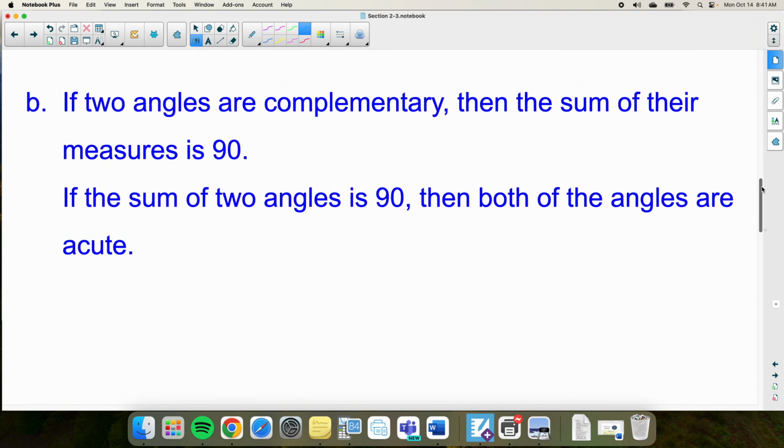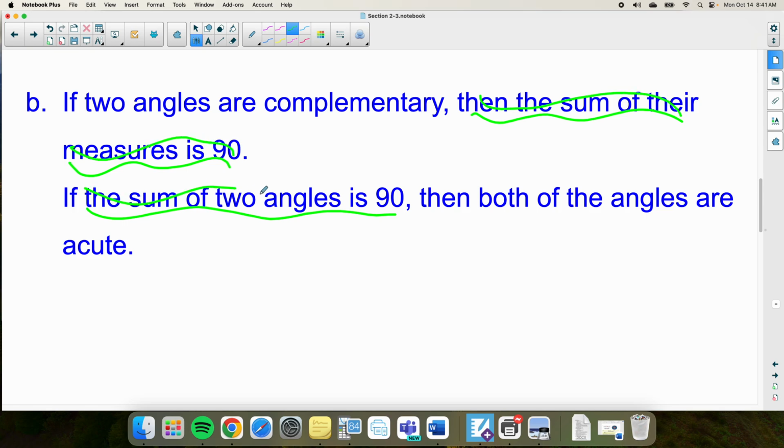Okay, this is an if-then form, this is an if-then form. What does that tell us to look for? Syllogism, right? And with syllogism, the ending of this and the beginning of this has to be the same, which it is, correct? So this is law of syllogism, okay?